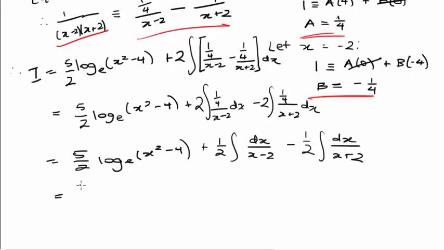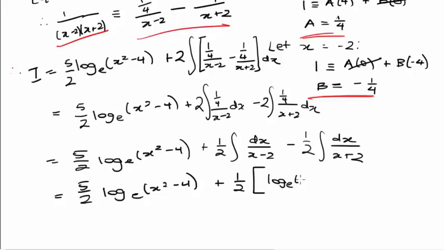That's going to give us 5 on 2 multiplied by the natural log of x squared minus 4 plus, I might factor the half out actually. Now the first integral will be dx on x minus 2. Remember, I factored the half out, okay? And that's going to turn into the natural log of x minus 2. And from that, we're going to subtract the integral of dx on x plus 2, which is the natural log of x plus 2.